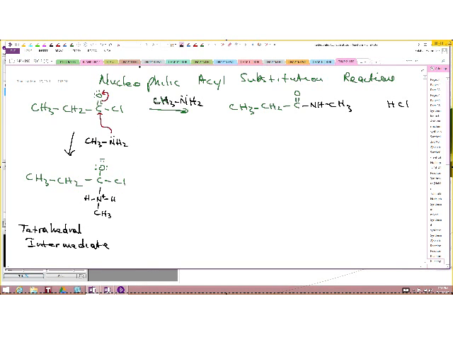Now what happens at this point is we are going to reform the carbonyl. And so once we regenerate the carbonyl, chloride will leave.